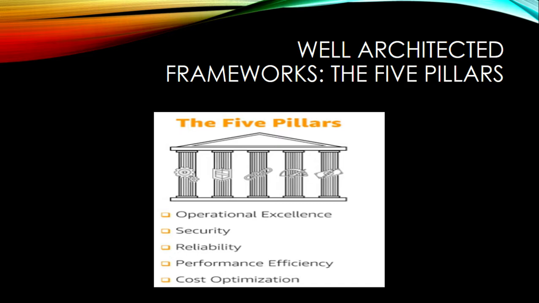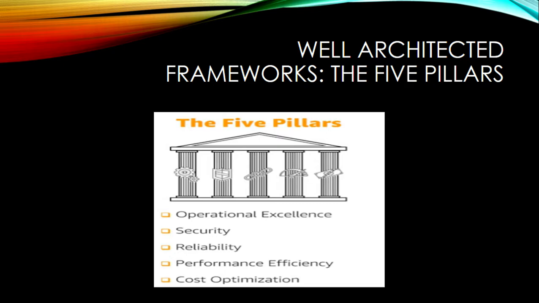In this slide, what we are talking about is that the framework is divided into 5 areas of focus, referred to as the 5 pillars of the Well-Architected Framework, which include operational excellence, security, reliability, performance efficiency, and cost optimization.